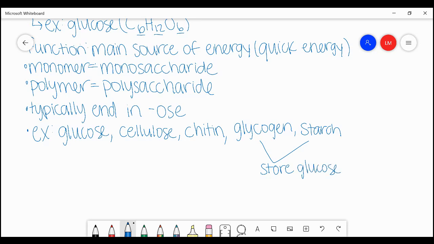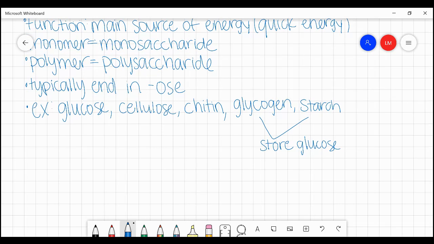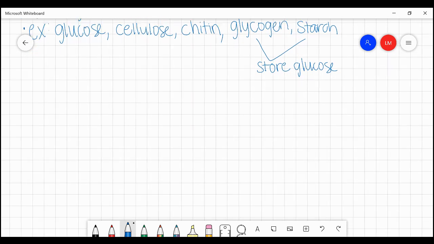So when our bodies, or if a plant or something has too much glucose, they will be put together in really, really long chains of hundreds or thousands of glucoses to make glycogen or starch, depending on the organism. Next, we will move on to discuss lipids.